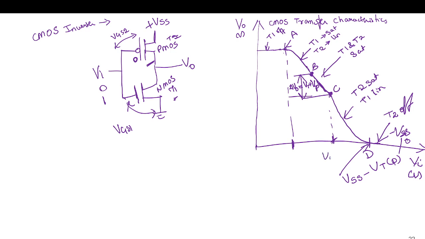Here it will be in the saturation. So we can obtain this point as when the VO is equal to Vi plus Vtn, 2 volt, and this potential VO. Okay, wait, here T2 is entering saturation, so this is Vi minus Vtp.